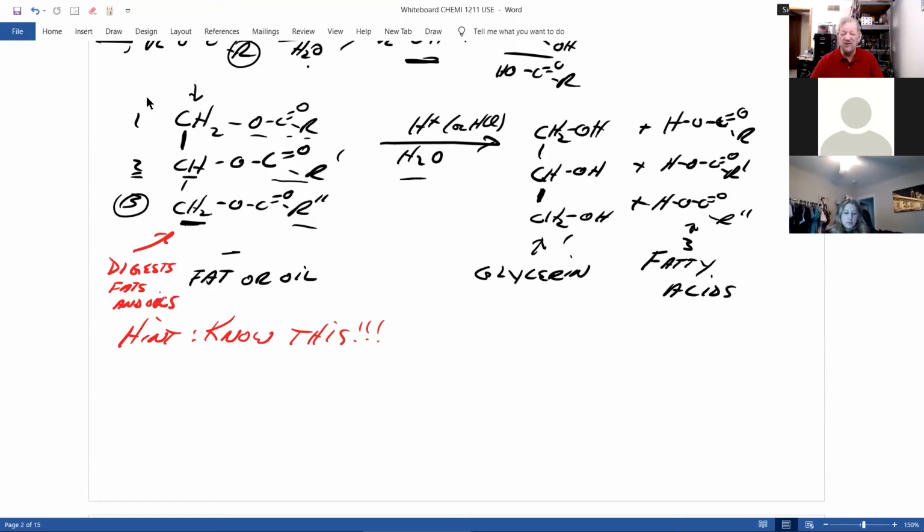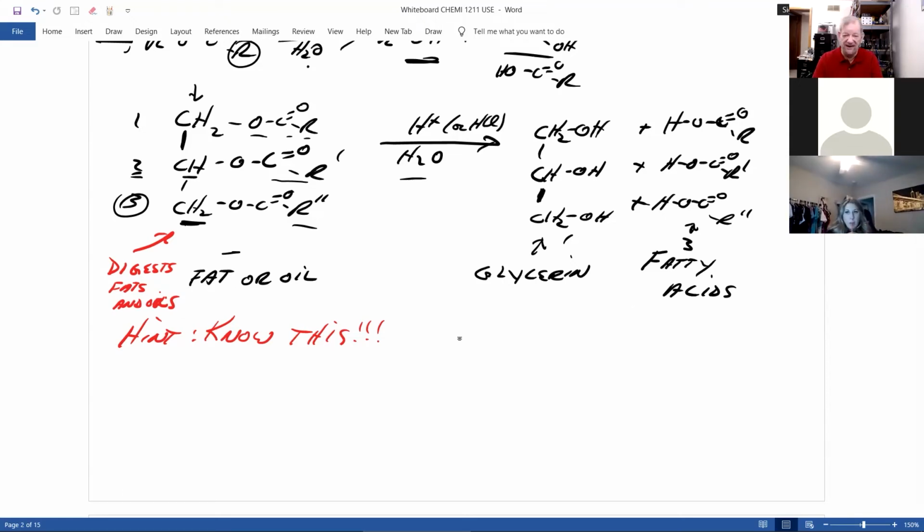And in your stomach, you have water, you have acid, HCl, and you react that to make glycerin and fatty acids, which your body uses. Now, I worked for a company that did similar chemistry, where we took mainly fats, not oils, because it was cheaper, and we made glycerin and fatty acids to the tune of about 2 to 3 million pounds a week.